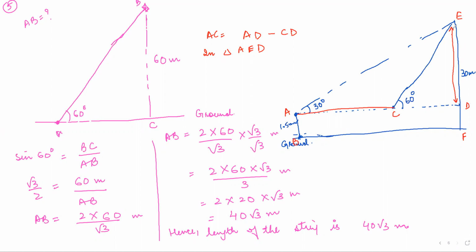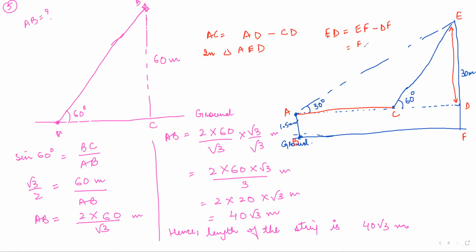So I need to find ED first of all. ED is actually your complete length EF minus DF. Now DF is same as AB, right? Because this is ground and this is horizontal level, both are parallel lines.